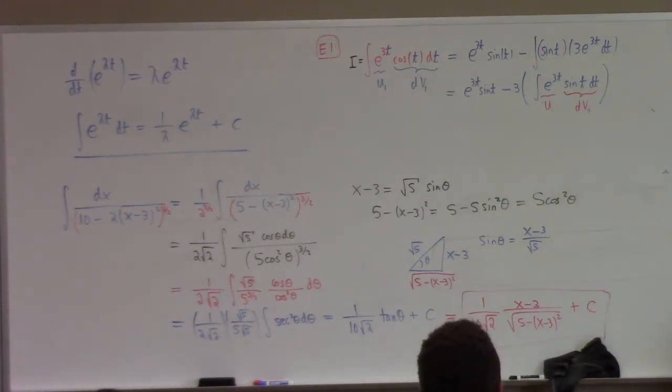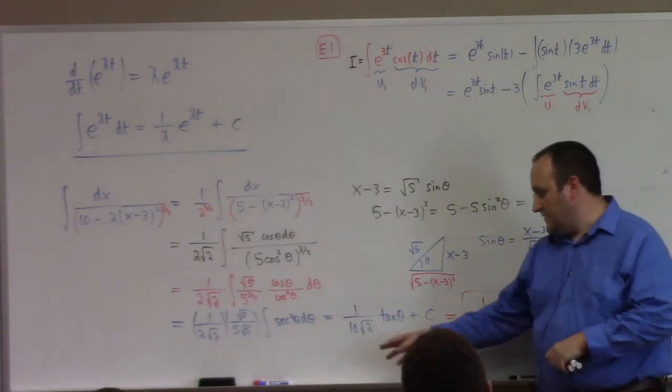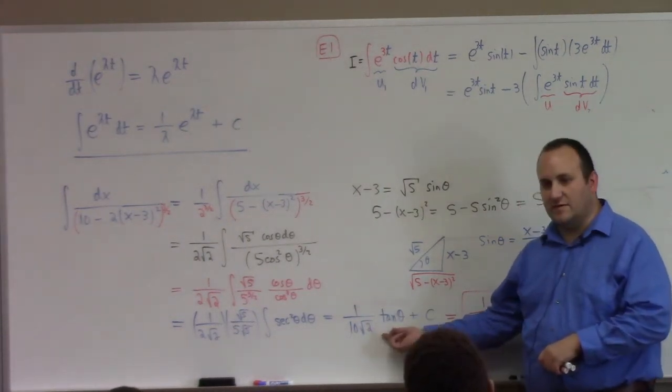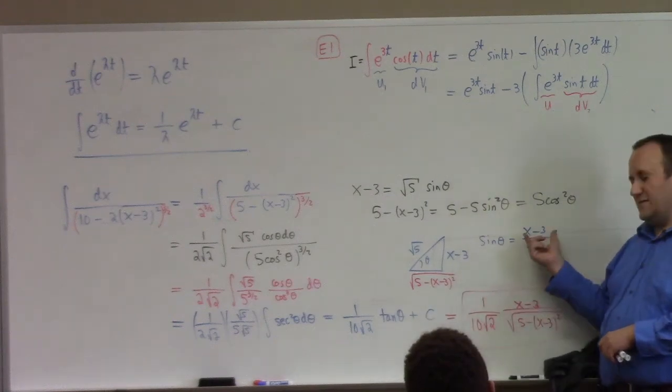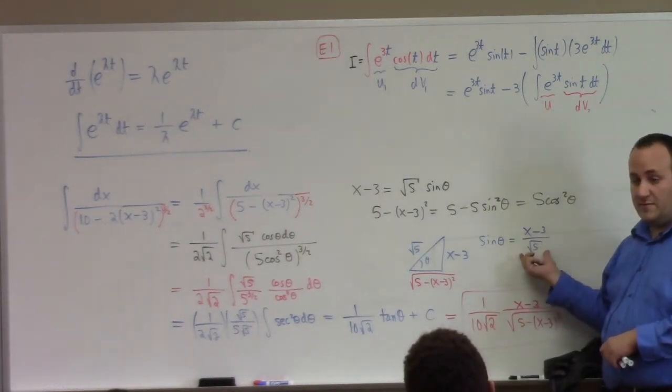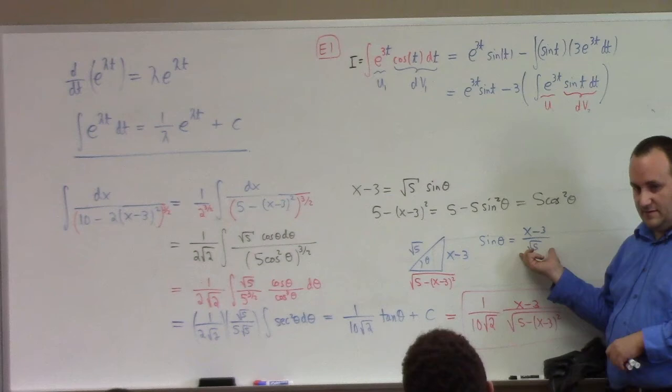I usually try to throw that in there somewhere just to remind you guys that that's the best answer. Now, if you wrote your answer as 1 over 10 root 2 tangent of the inverse sine of x minus 3 over root 5, that wouldn't be wrong, right? So you get significant partial credit for that. It's just not the best answer.